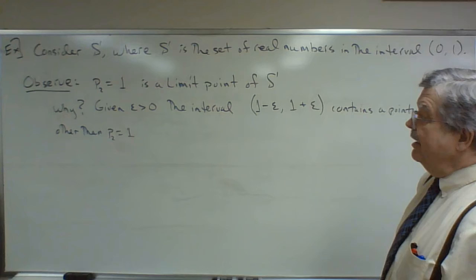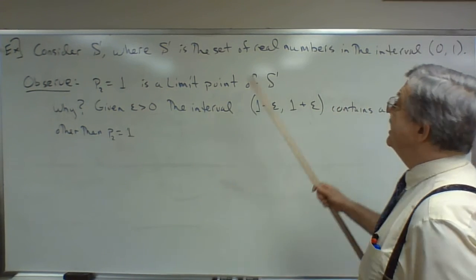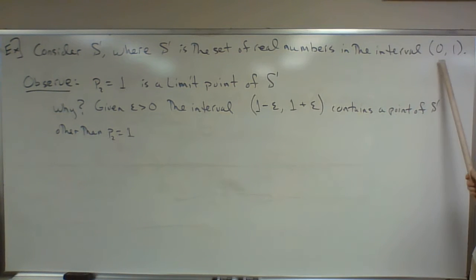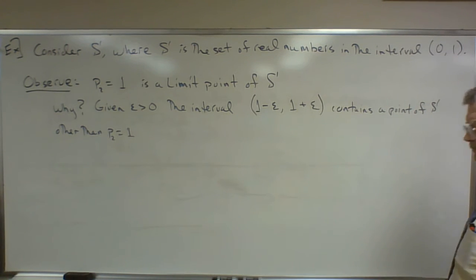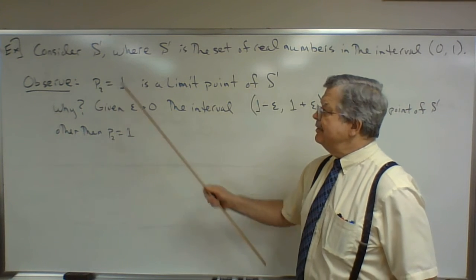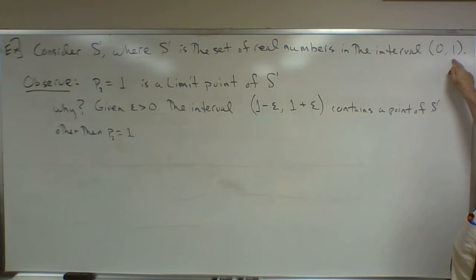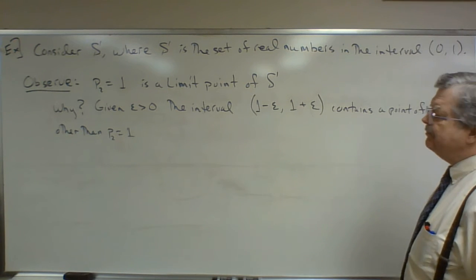I have the same set S, the set of real numbers in the interval from 0 to 1. And this time we'll let P2, our limit point, be the right endpoint of this interval.